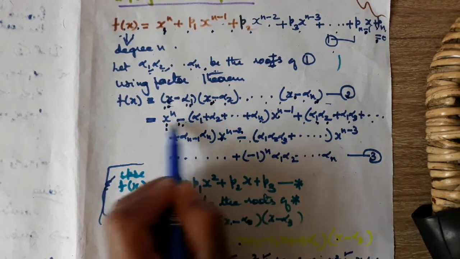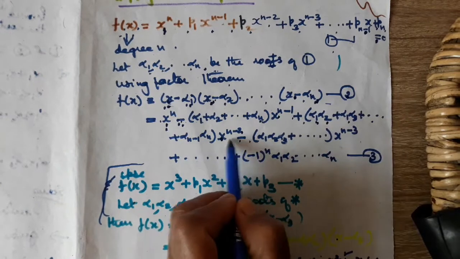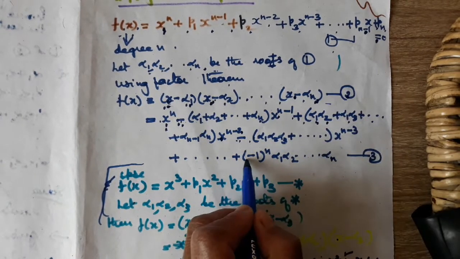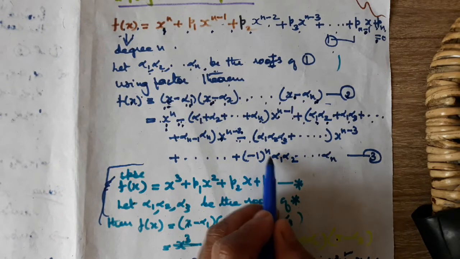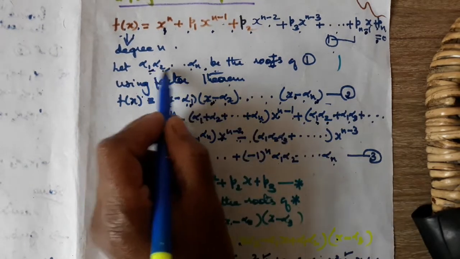See, the signs alternate, plus, minus and so on, up to the last term. Because this is of degree n, it will be minus 1 to the power n into the product of all the roots, that is alpha 1 alpha 2 ... alpha n.